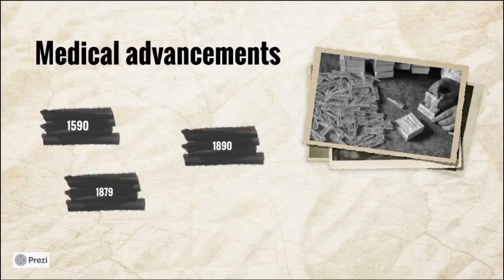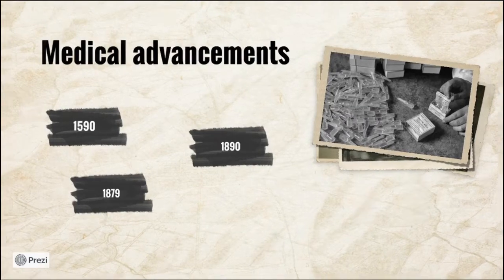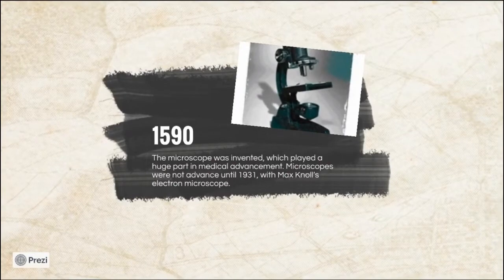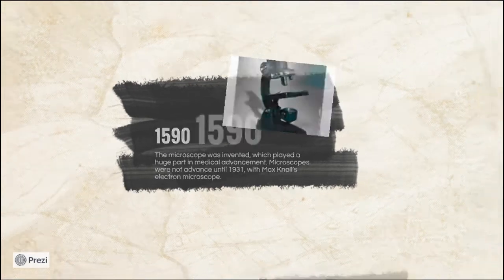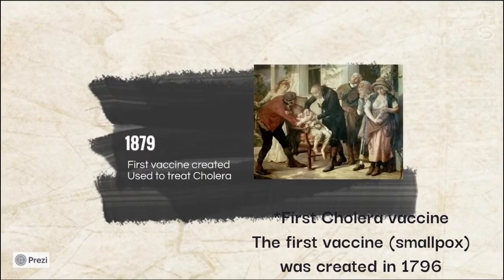Let's take a look at some of the medical advancements before the Spanish flu of 1918. In 1590, the microscope was invented, which played a huge part in medical advancement. Microscopes will not advance again until 1931, with Max Knoll's electron microscope. In 1879, the first vaccine was created.